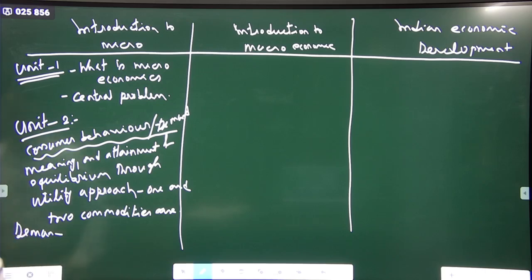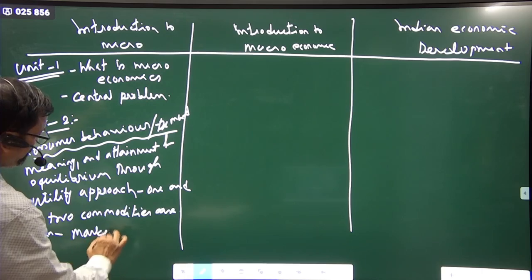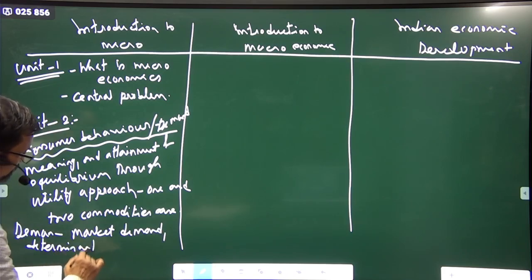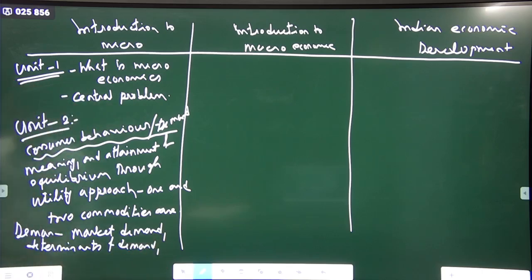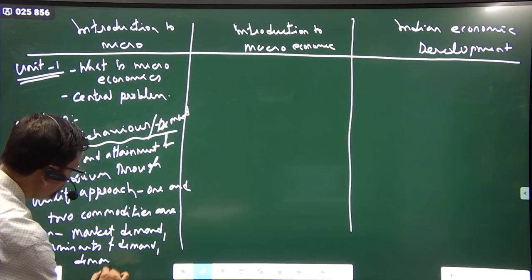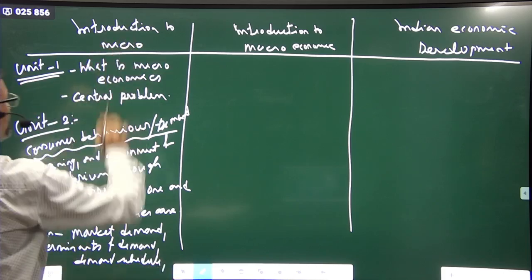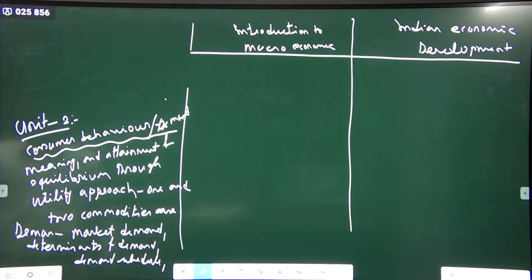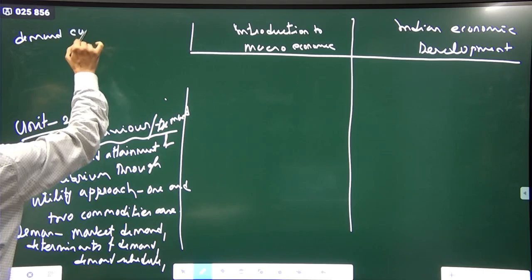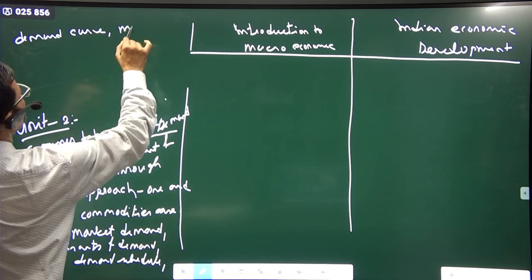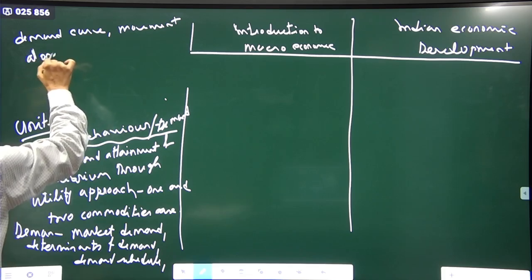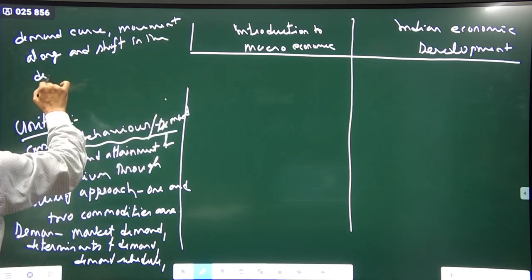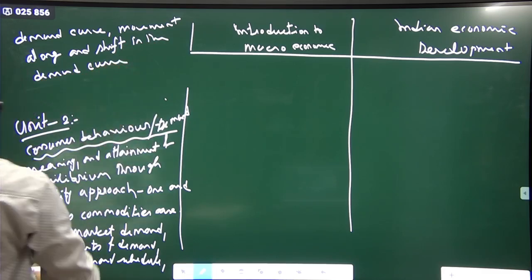Next, we need to understand the chapter of demand: market demand, determinants of demand, demand schedule, demand curve, movement along and shift in the demand curve, and price elasticity of demand.